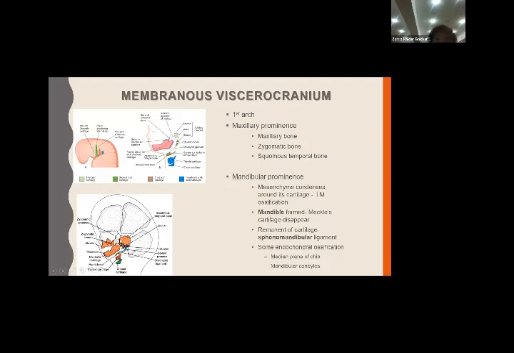Squamous part of the temporal bone starts to develop as a bone of the viscerocranium. That means face की bone के तौर पे it starts to develop, but then it is pulled back posteriorly and becomes part of the bones of the skull.